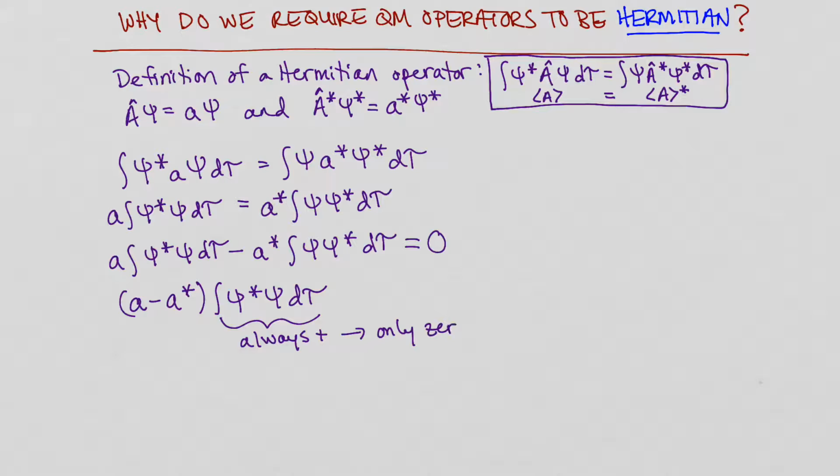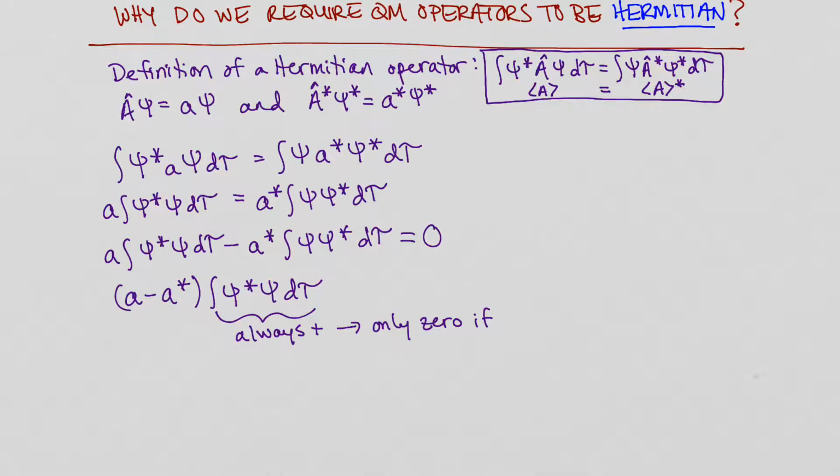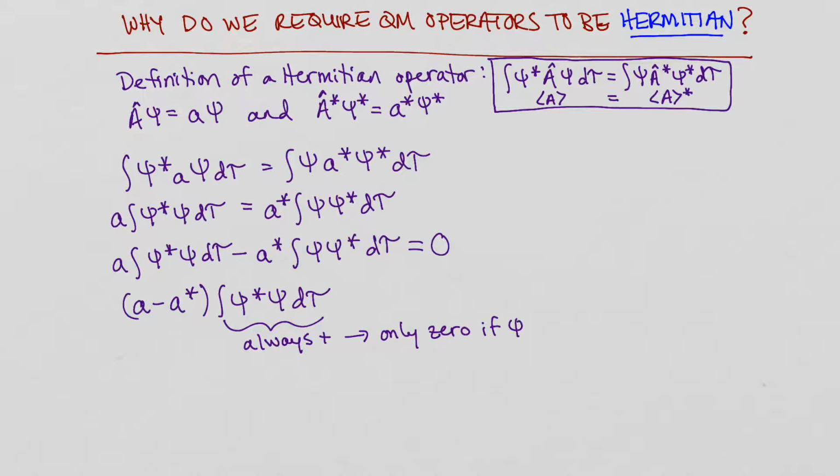So our only other option is 0, and that's only if our function is 0 everywhere. If that integral is only 0 if our wave function is 0 everywhere, then that means it's only 0 when we don't have a particle.